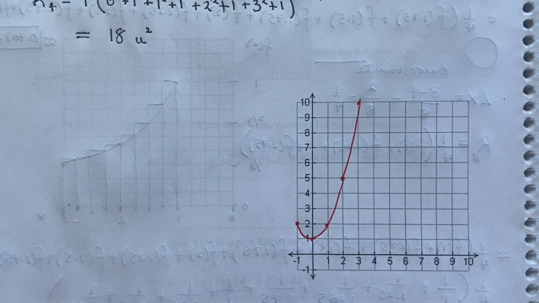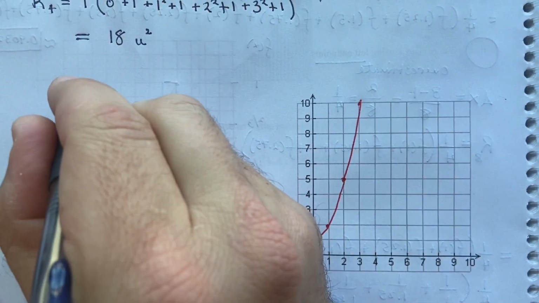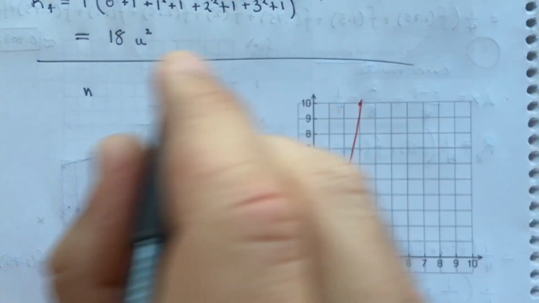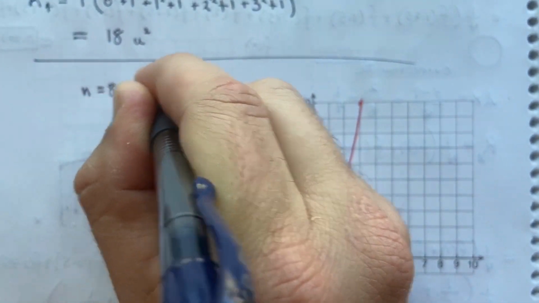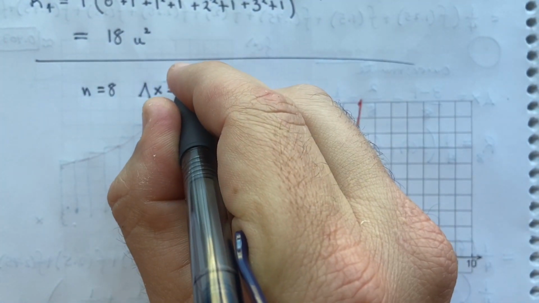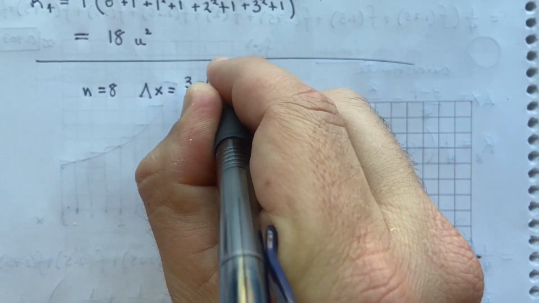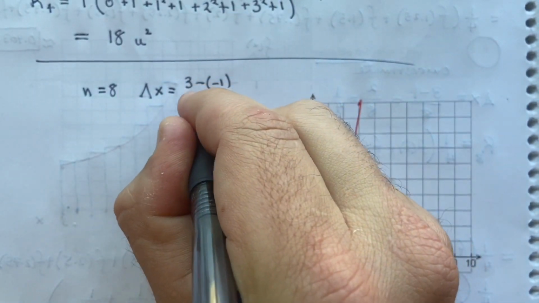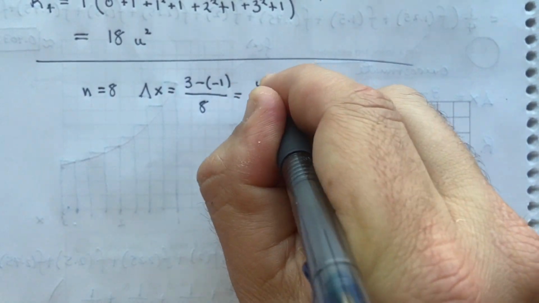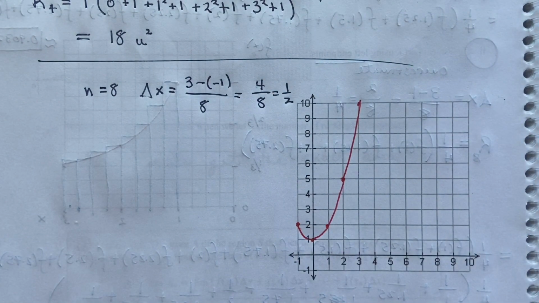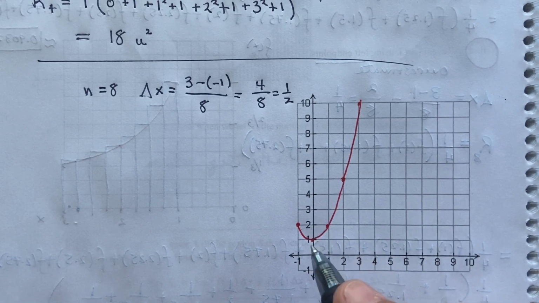So using 8, this is where I'm improving it. So n equals 8 here. For that reason, delta x will change. It'll still be 3 minus negative 1 because a and b haven't changed, but now n is 8. So I have 4 over 8, in other words 1/2 is going to be the width of each of these rectangles.